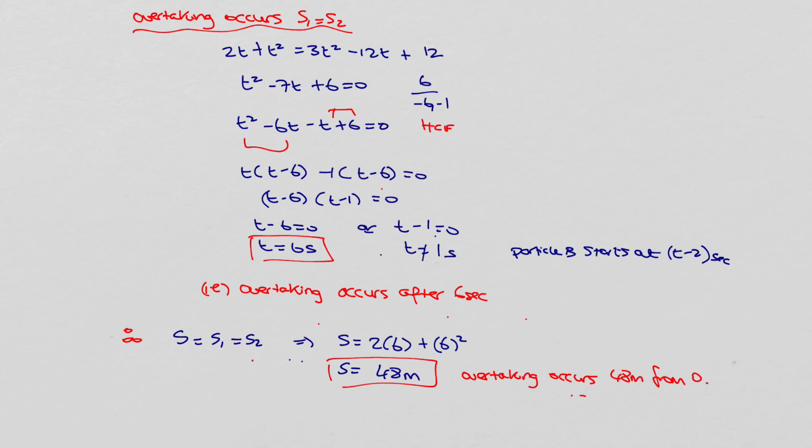Okay, so B says, well, what is the greatest lead? So what is that gap? So we said the greatest lead occurs when V1 is equal to V2. So in other words, that point in time where their velocities are the same.